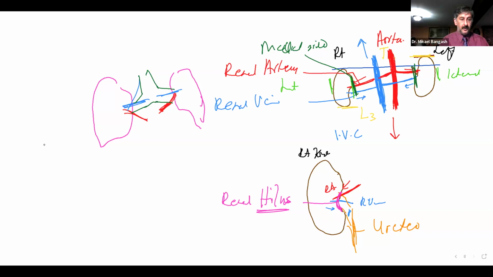And what do we call this point where these structures were entering or leaving the lungs? We call it the hilus.